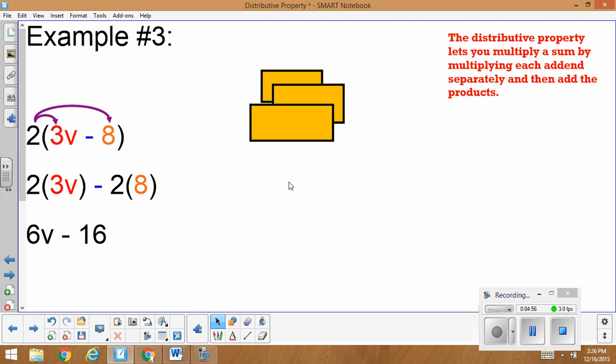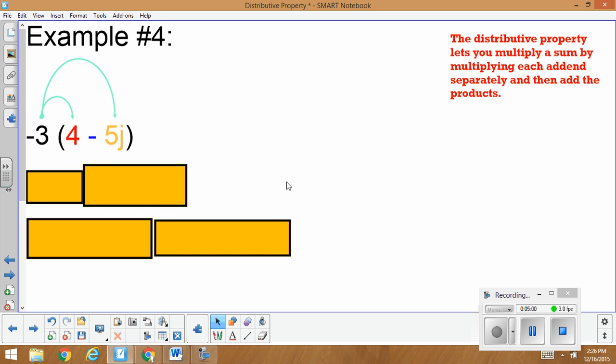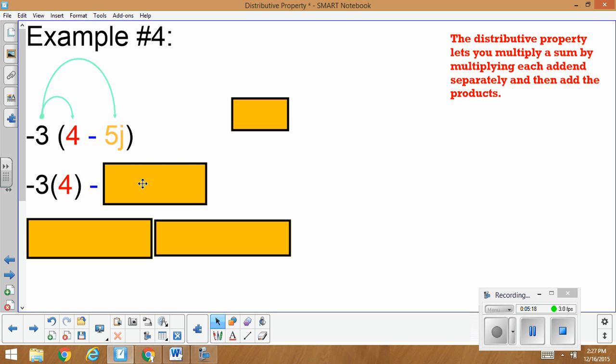All right, here's example number 4. Example 4, we're going to take the -3 and times it to 4 and the 5j. I'm going to take each of these addends and times them both by -3. So -3 times 4. I'm going to bring the minus sign down.